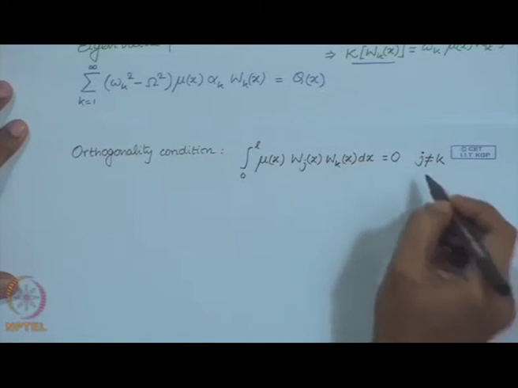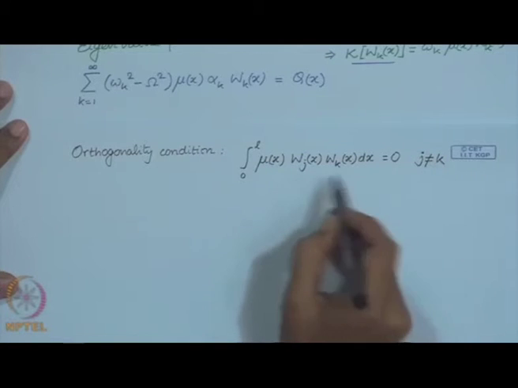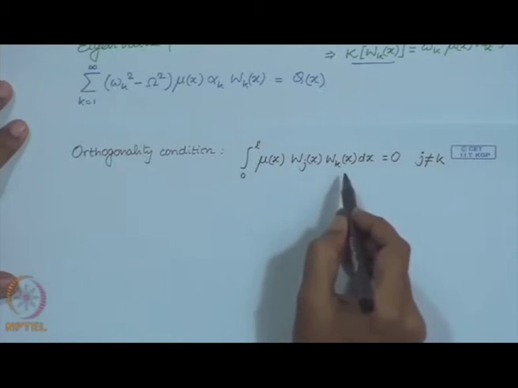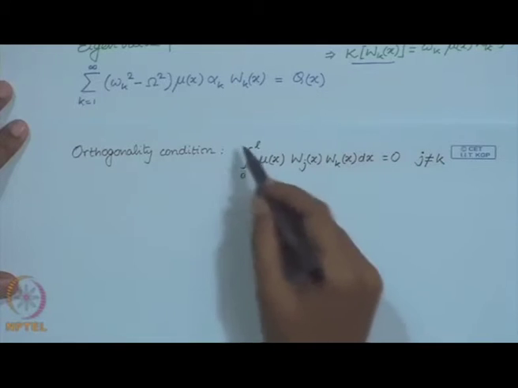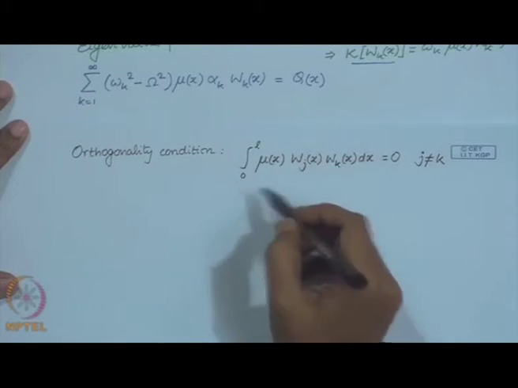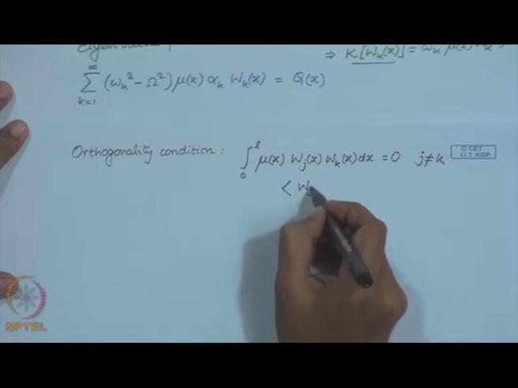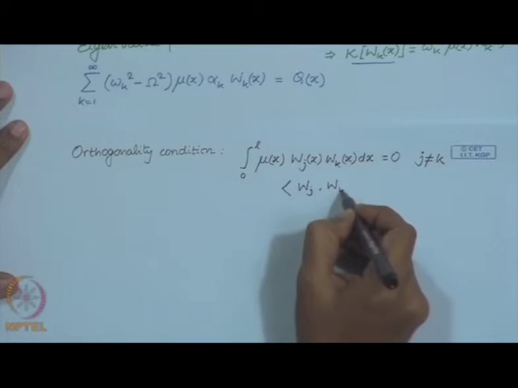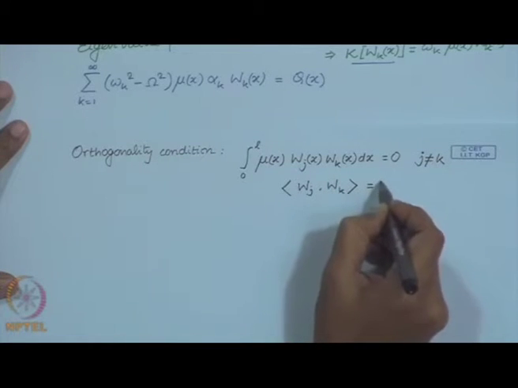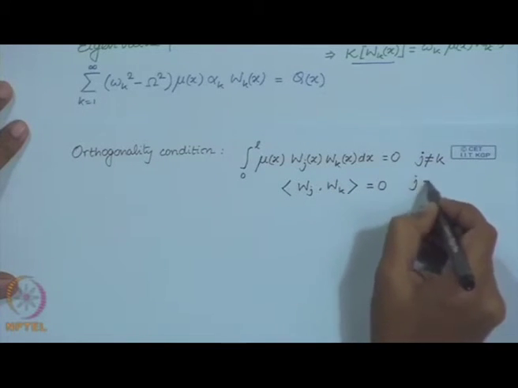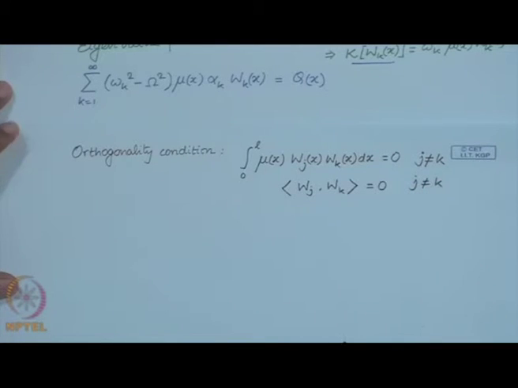For j not equal to k, we have this orthogonality condition. We sometimes denote this as the inner product like this.